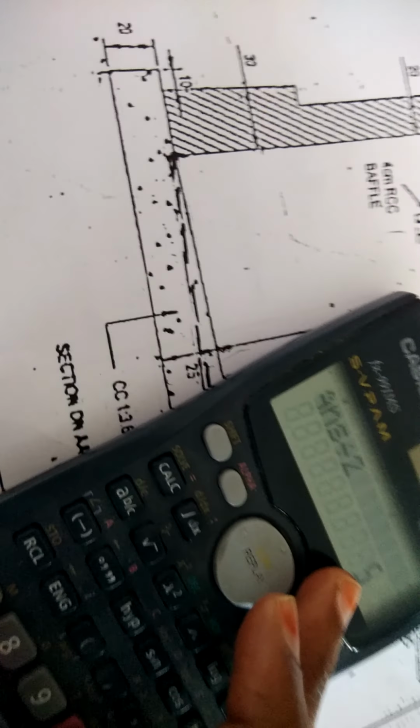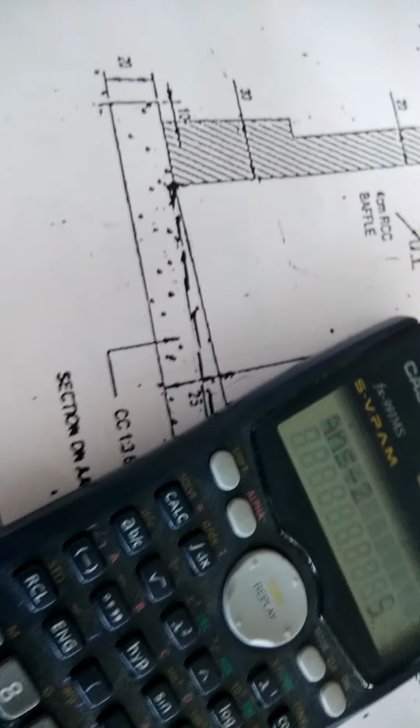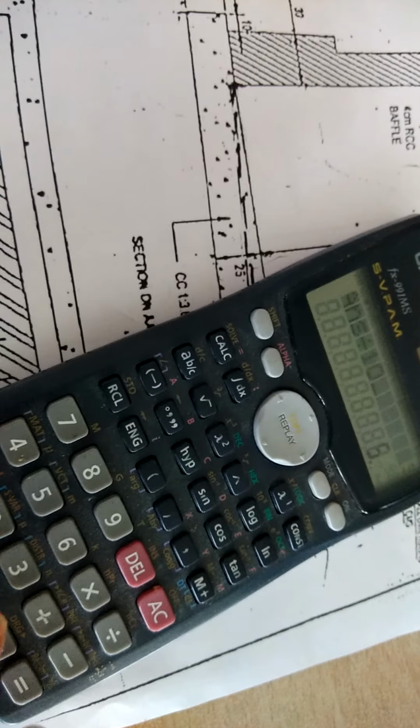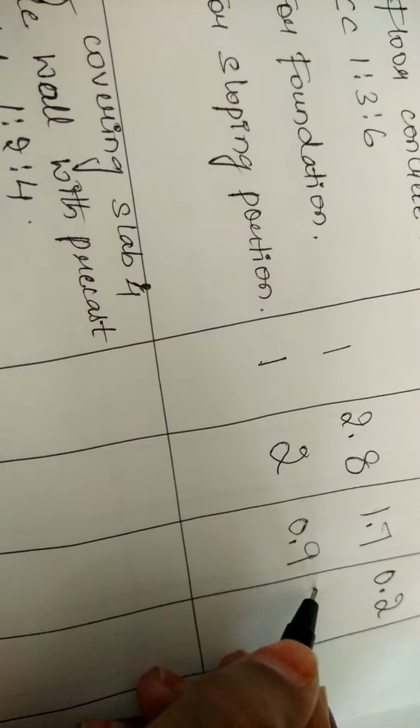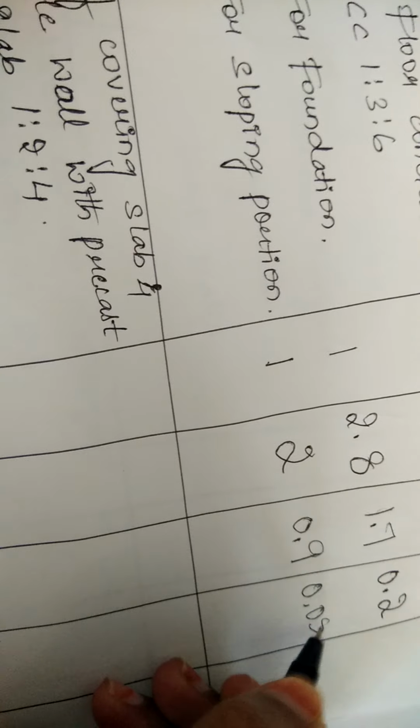So that gives you 5 centimeter height. And then you need to convert this centimeter into meter, for which you need to divide this value with 100. So on dividing 5 with 100, you will get a reading of 0.05. Now the depth of the sloping portion is taken as 0.05.